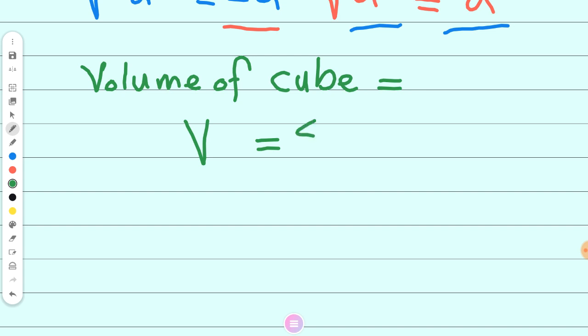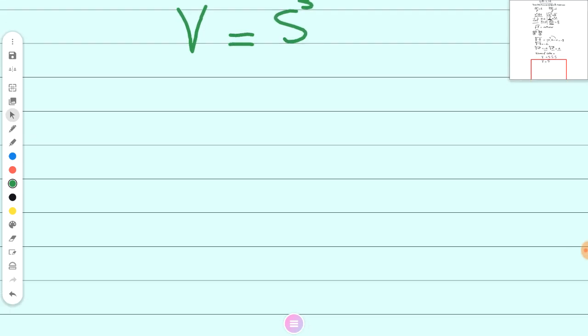I can write it another way: volume equals side length to the power 3. Is it clear? Okay. Also, the area of a square.